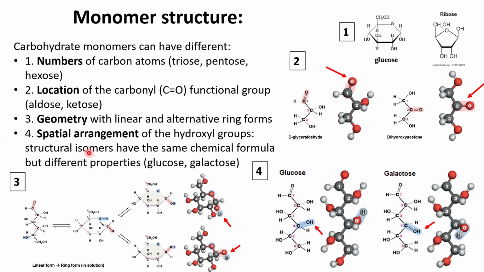These are like structural isomers, which basically have the same chemical formula but different properties. The example would be glucose and galactose. They have the same chemical formula, but differ in the positioning of that hydroxyl group.